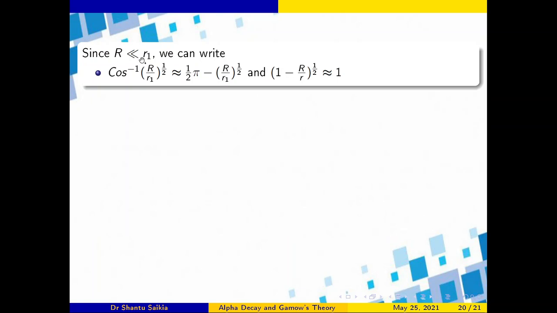Since R is less than R1, we can write finally cos inverse. We can expand this as half pi, keeping the first two terms, and 1 minus R by R1. 1 minus R by R1 to the power half is almost equal to 1.